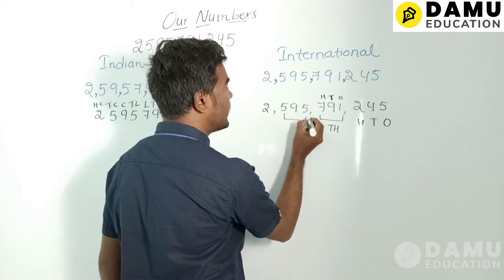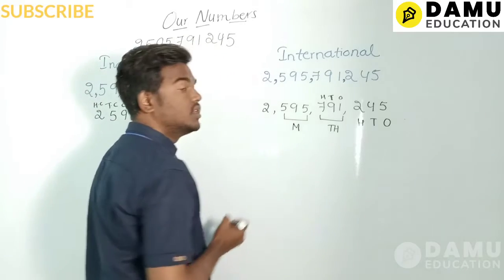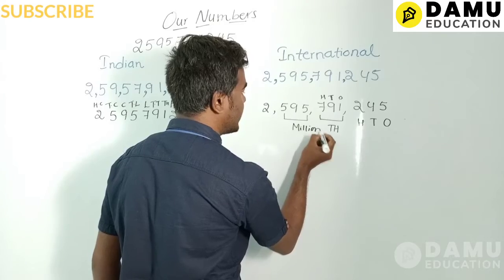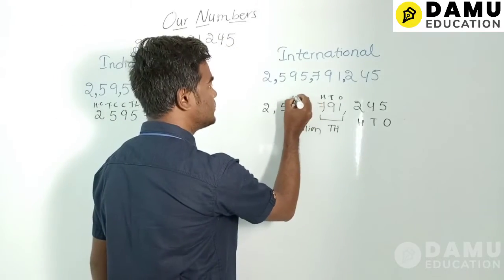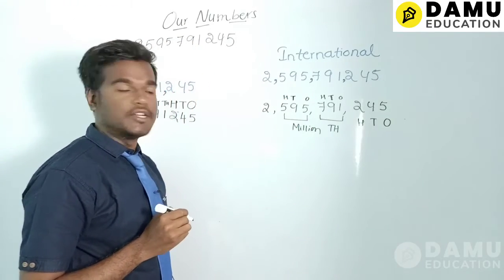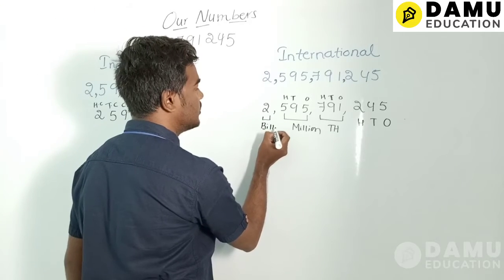Then this set of places will be the millions place, M. Millions place, with the use of ones, tens, hundreds. Ones, tens, hundreds. The next set of numbers will be in the billion place.